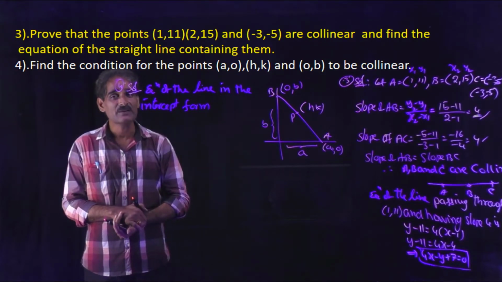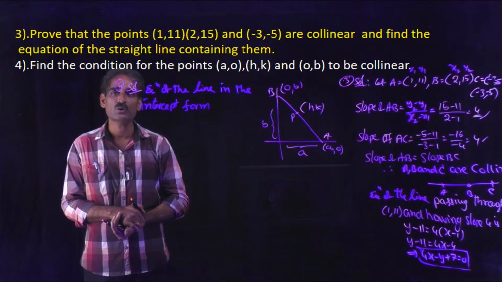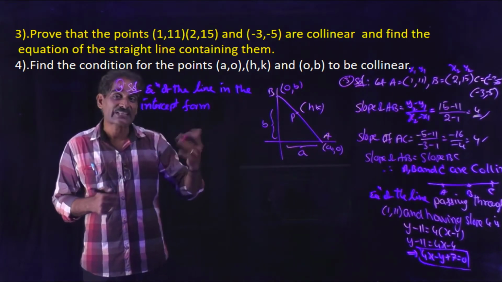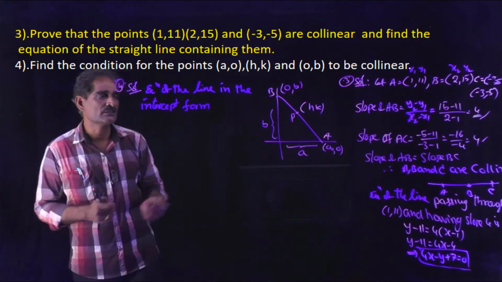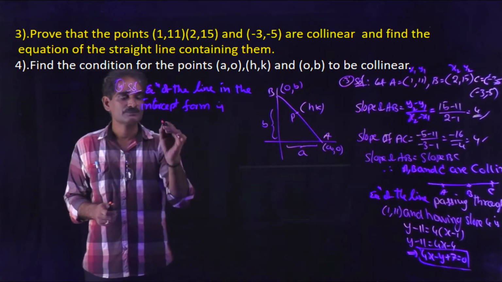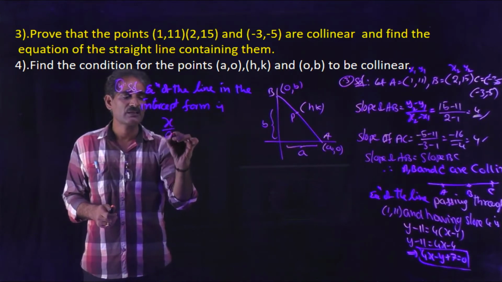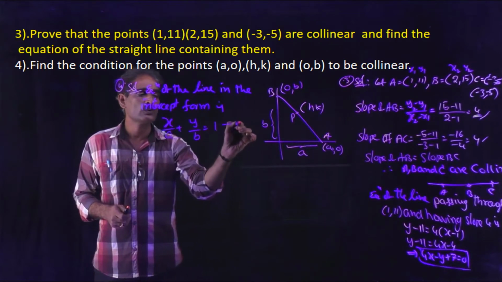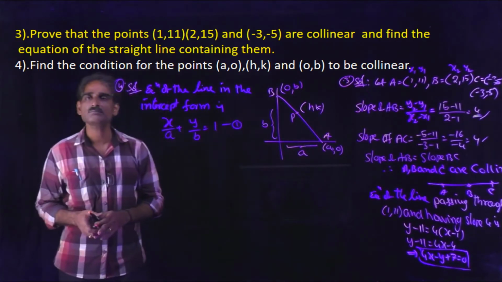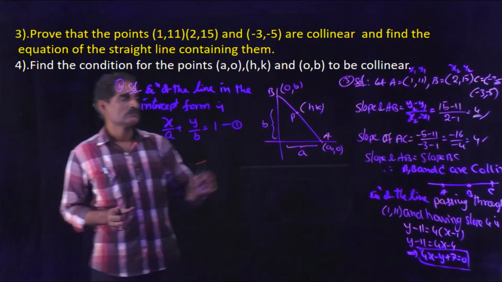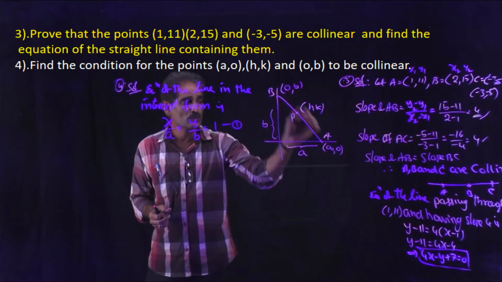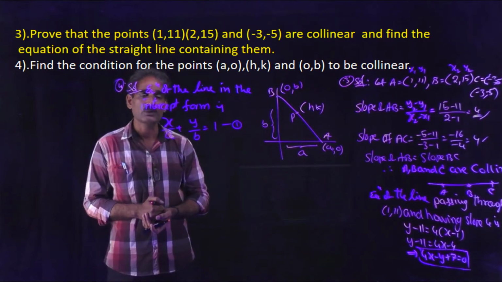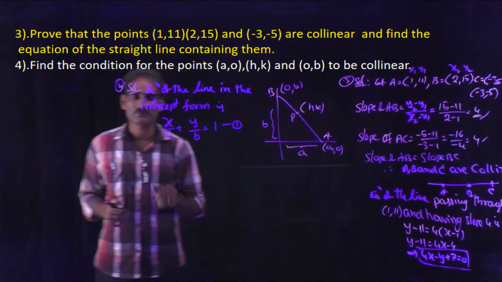So x by a plus y by b equal to 1. Otherwise, the equation of the line passing through a comma 0 and 0 comma b in the intercept form is x by a plus y by b is equal to 1. The line passing through these 2 points is in the form of x by a plus y by b equal to 1.